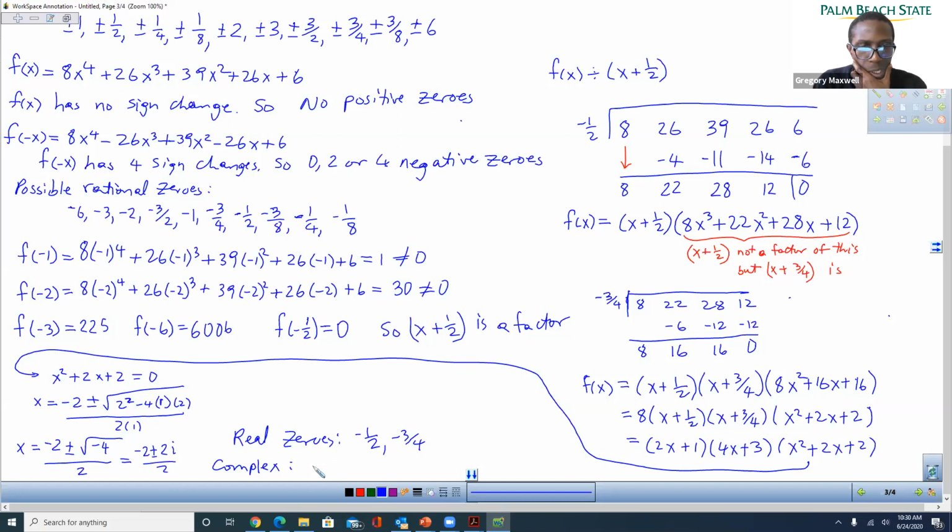So the complex zeros are -1 plus or minus i. Those are my complex zeros, -1 plus or minus i. And that gives us all 4 of them.